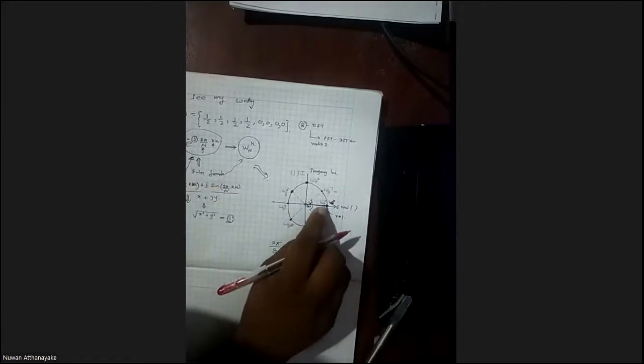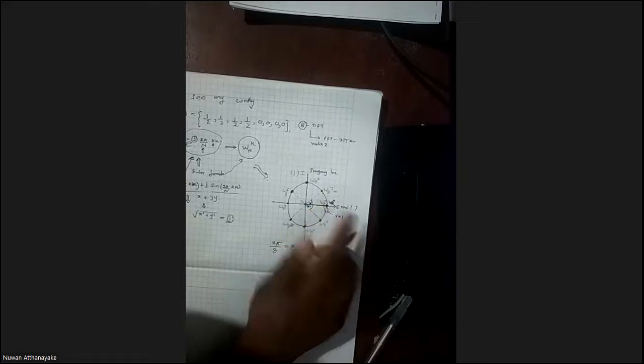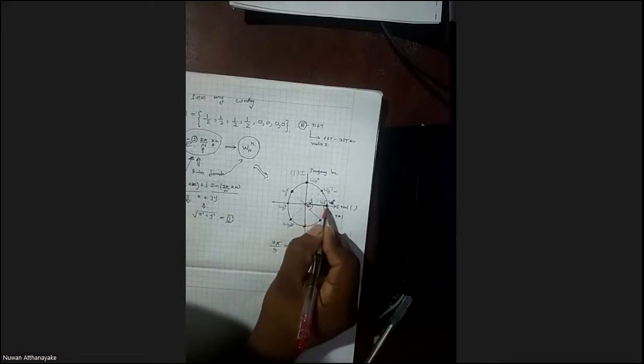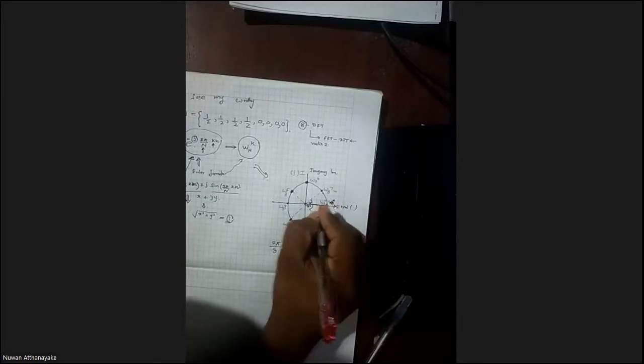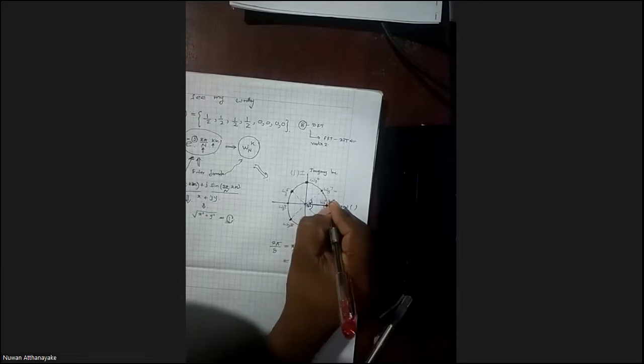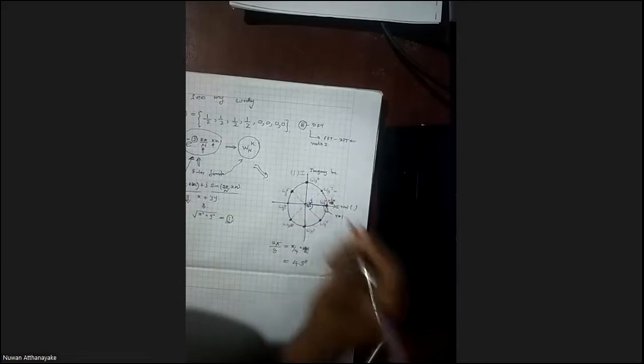So you can see W80. This magnitude, this value is 1. So W80 is equal to 1.